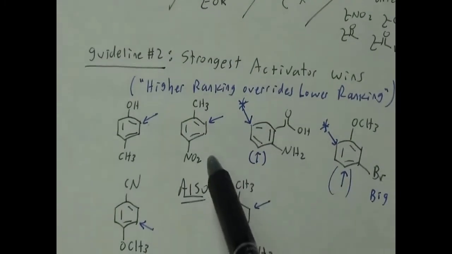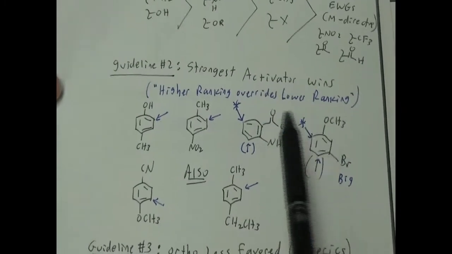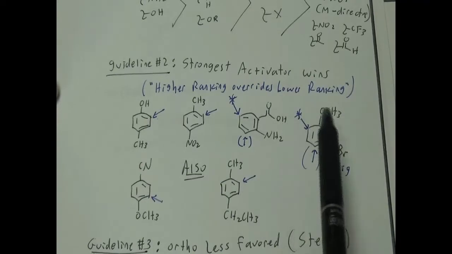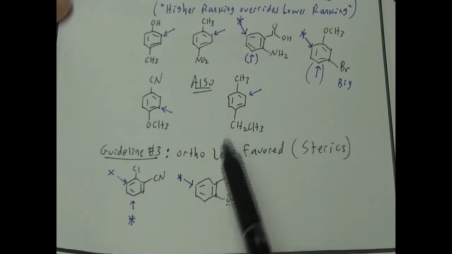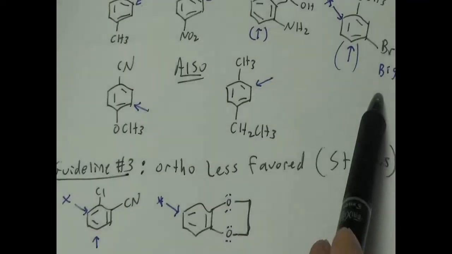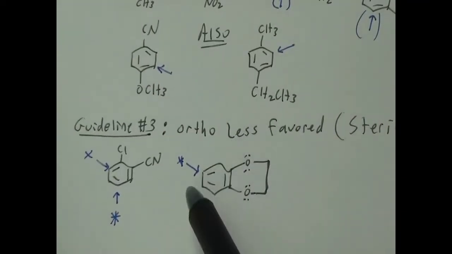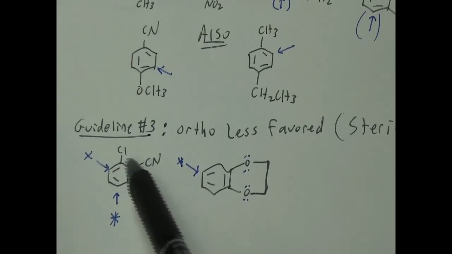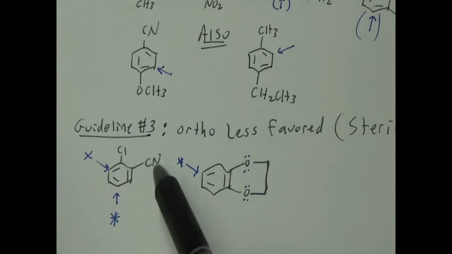Generally speaking, the strongest activator wins. If you have a strong activator, it gets to decide where the new thing is going to go. If you have the option of ortho, it's usually not favored. So in this case, chloro is the greatest activator, because this is group 3, this is group 4.